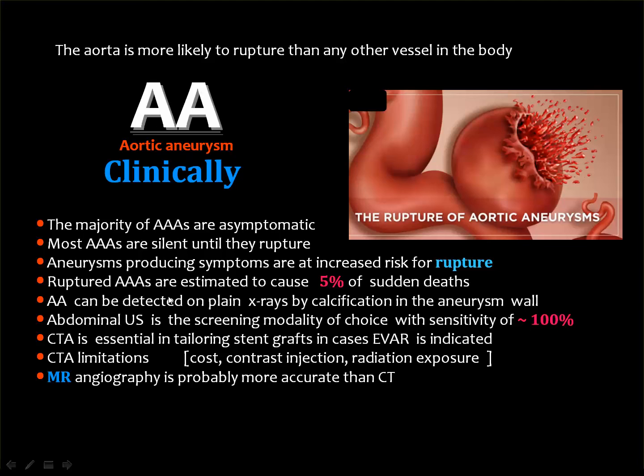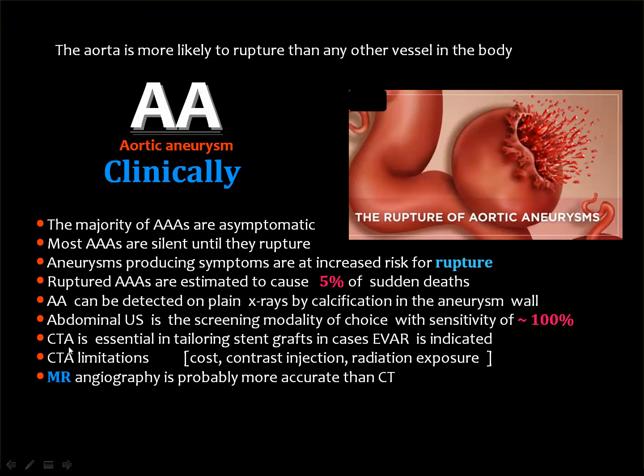Rupture of an abdominal aortic aneurysm is responsible for about 5% of sudden deaths. Aortic aneurysm can be seen on plain X-rays by the presence of calcium in the wall. Ultrasound is a very good modality for detection of aneurysm and of the thrombosed and patent lumen.